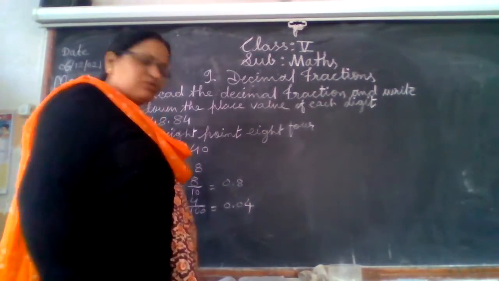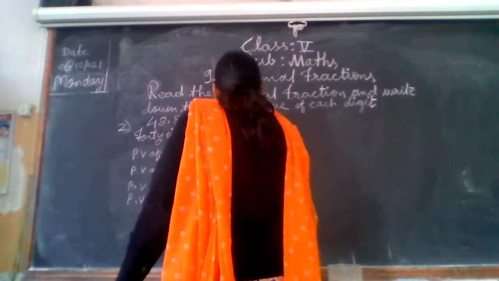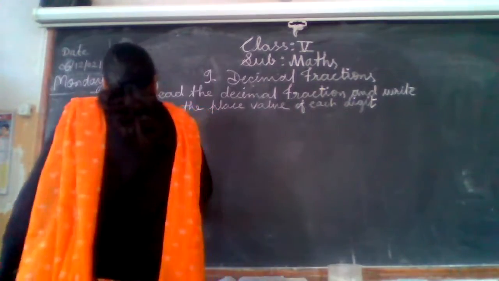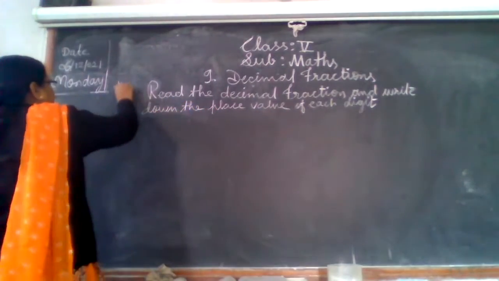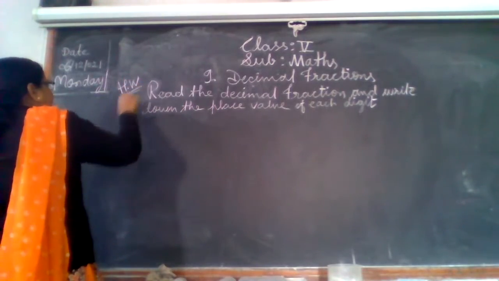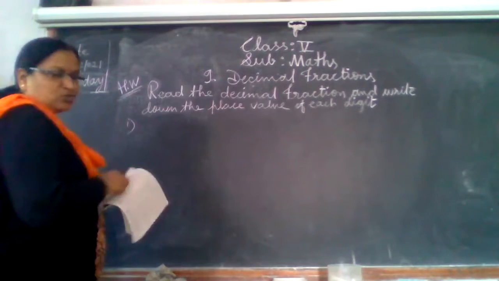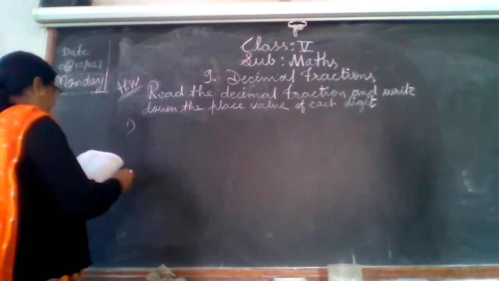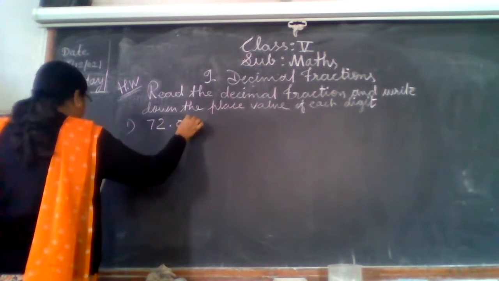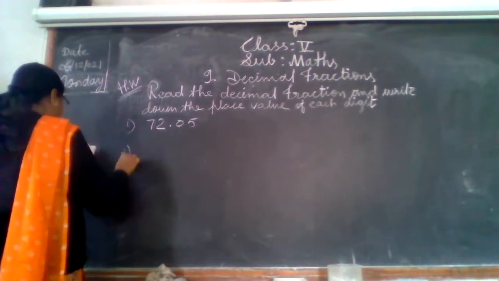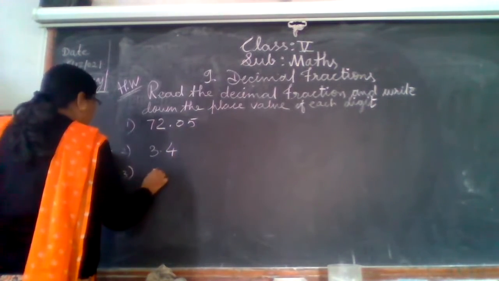Okay, so I'm giving you 3 questions as homework and you have to read and write the number and their place value. So homework is, 72.05, second, 3.4, 0.59.